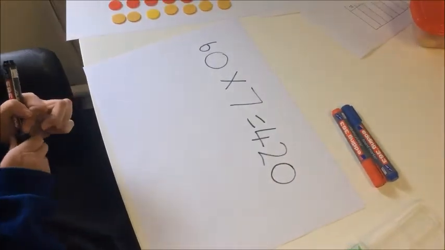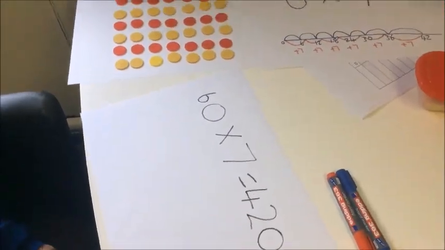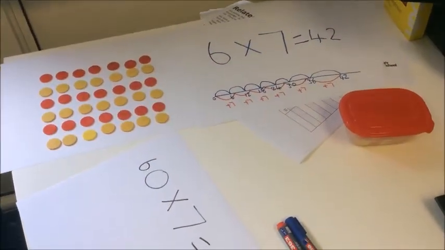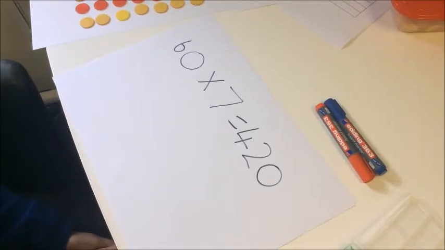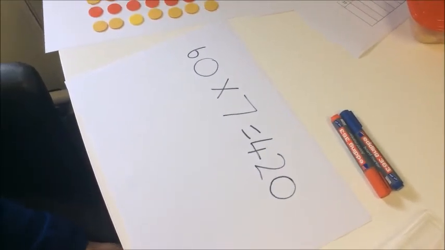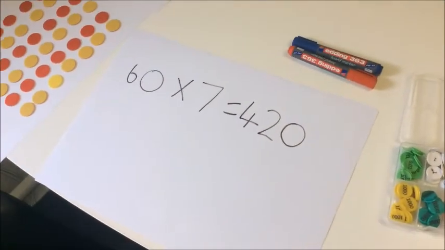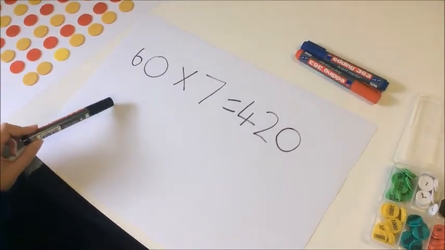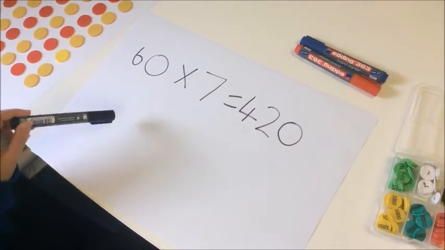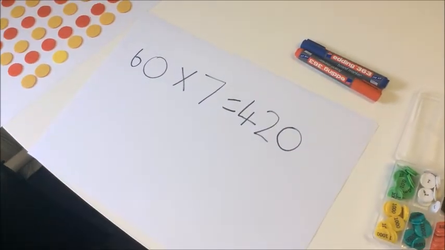Okay, Daisy, so that is correct. Well done. So because you knew 6 times 7 equals 42, you've said to me that you now know 60 times 7 is 420. Why is that? Because 60 is 10 times bigger than 6, so you're making the answer 10 times bigger. Fantastic.